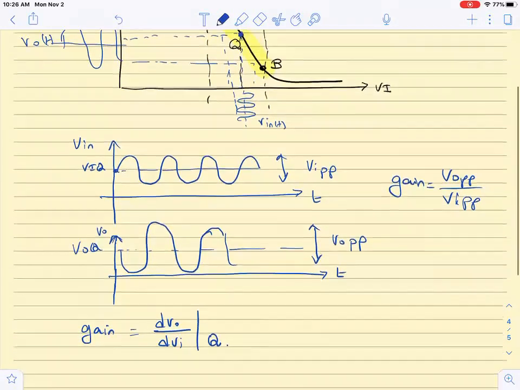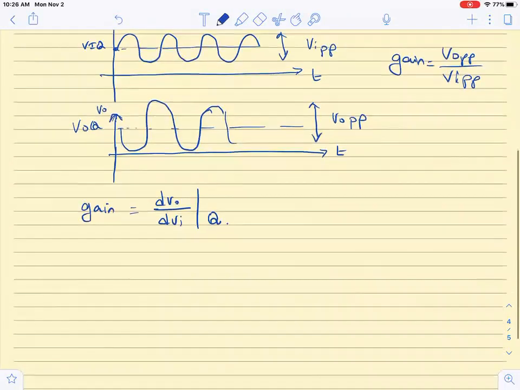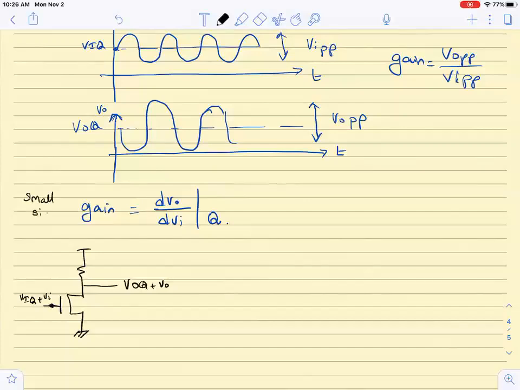So if I have this circuit and I apply a signal Vn equal to Viq plus little Vi, the output will be Voq plus little Vo. So I would be amplifying the small signal. This is the small signal gain.